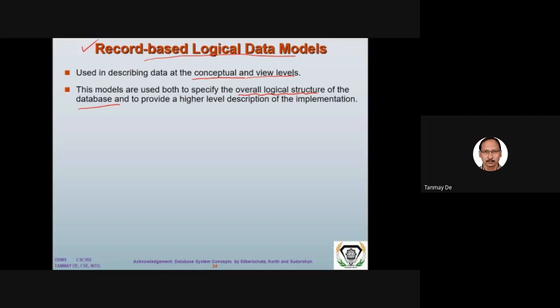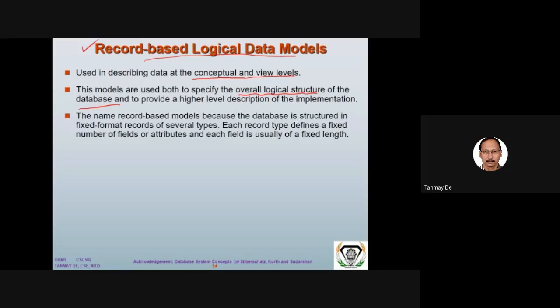That is why the name is record-based. Such a model is used to describe the database structure in fixed format records. The database is expressed as fixed format records of several types, and each record type defines a fixed number of fields, also called attributes or columns.